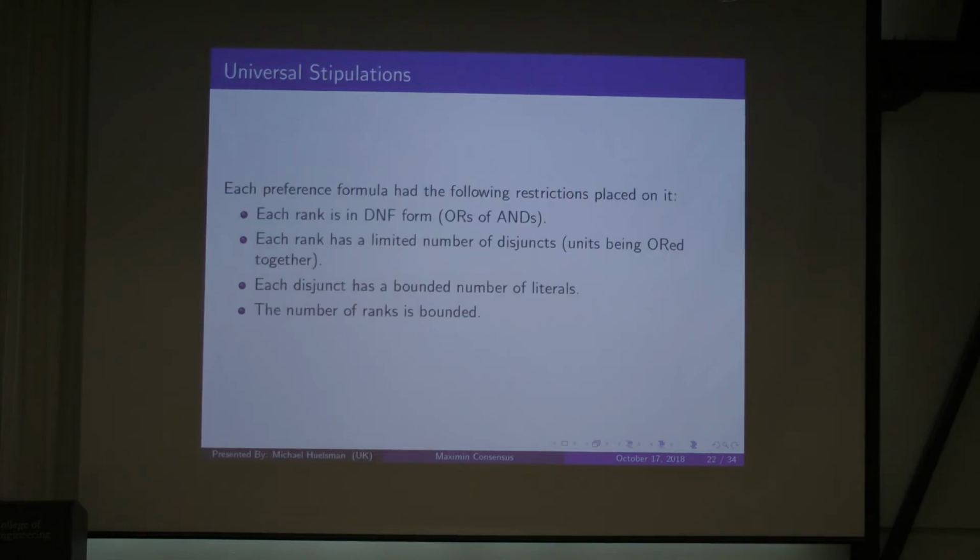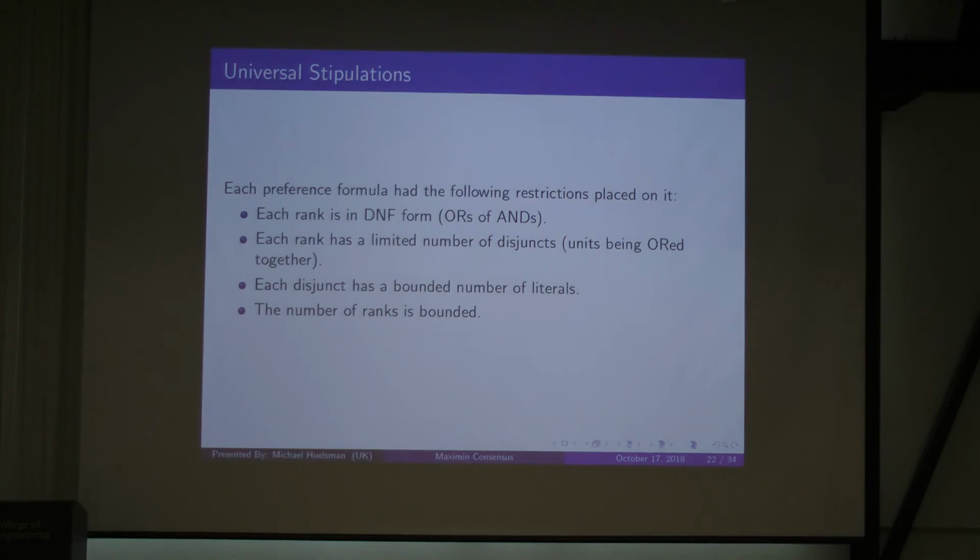Before we dive in, we did restrict our models for this attempt at learning these preference models. So the first thing is that we said that every rank, which is rank A better than B and so forth, is going to be represented by a disjunctive normal form logical expression. So that means that you have things ANDed together and then those units are ordered together.